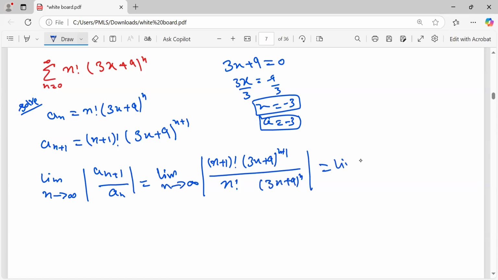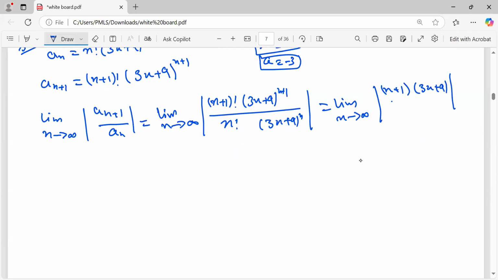And after simplification, limit n approaches infinity, we will get (n plus 1) times (3x plus 9), this expression. And this can be written as mod of (3x plus 9) here, and limit n approaches infinity, mod of n plus 1.